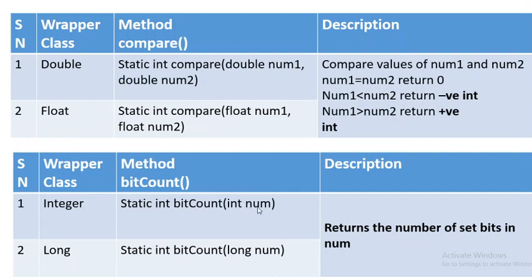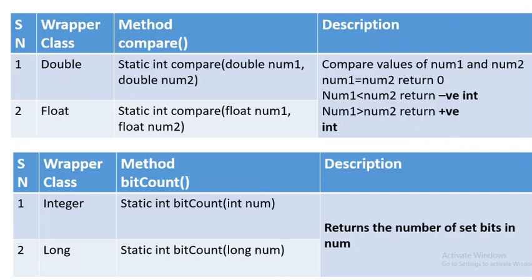Internally that integer number will get converted into binary format, and it will count how many bits are 1, and that number will be returned after execution of the method.